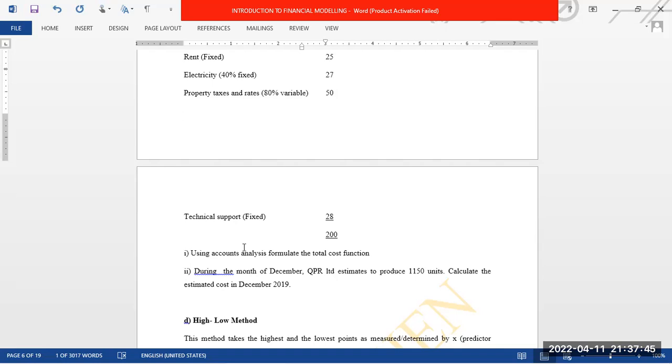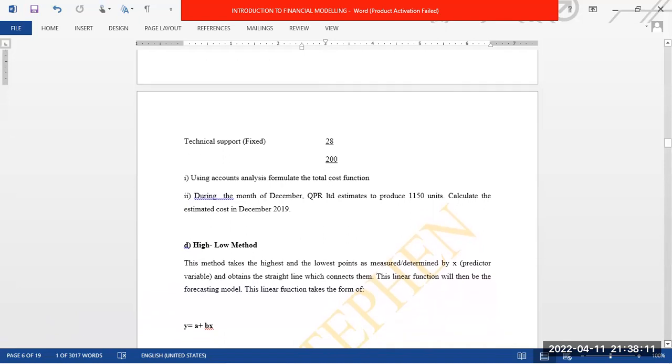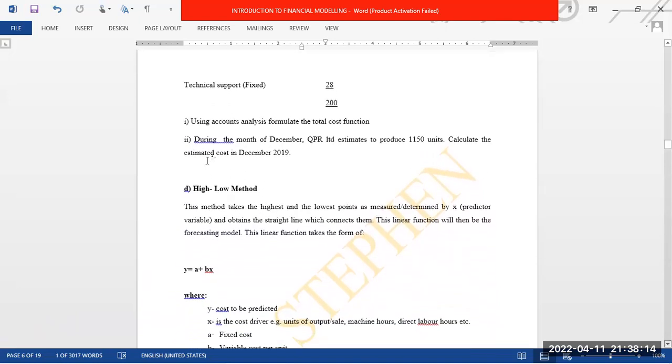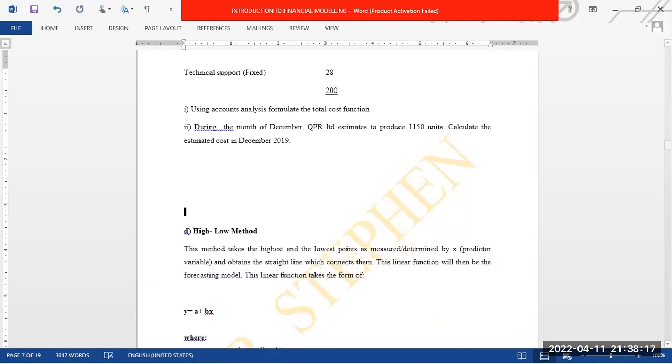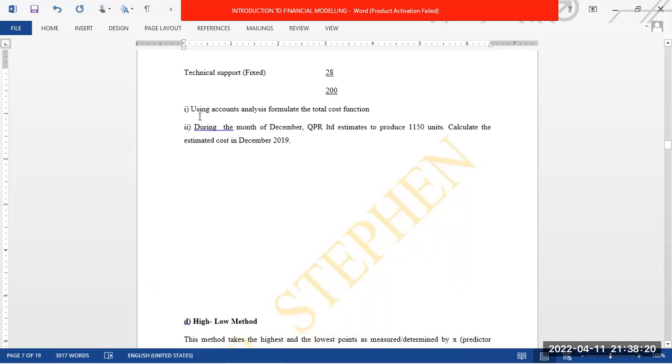To begin, just create a space here, just below this, so that I can show you how to get the cost analysis function.